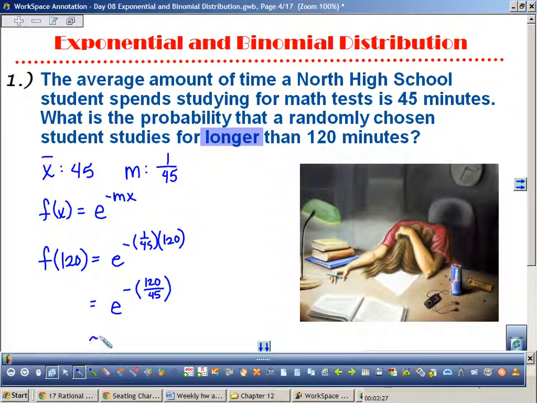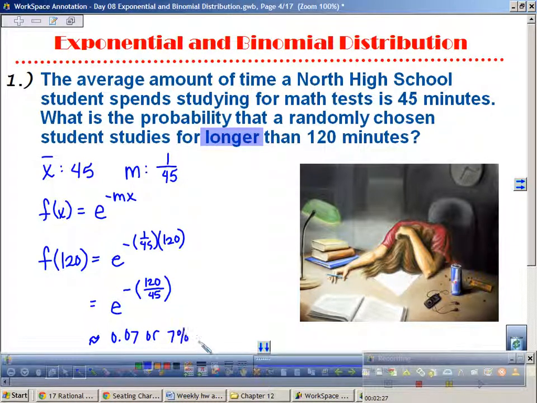And you should get about 0.07 or a 7% chance. So put that in your calculator, make sure that that's what you get.